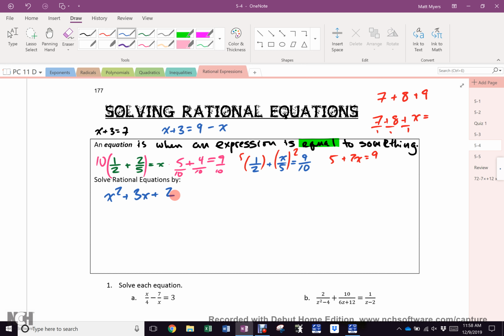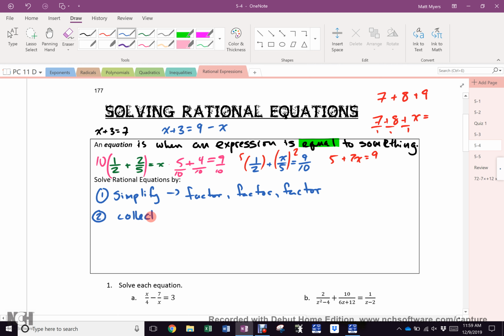So, solve rational equations by, as always, what we always do: simplify, collect, isolate, right? So 1, simplify. Use all the tools at our disposal, which for most of us, most of the time in grade 11, now means factor, factor, factor. And then cancel, cancel, cancel, right? Step 2, collect like terms.